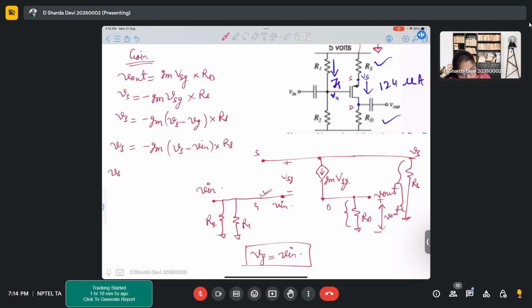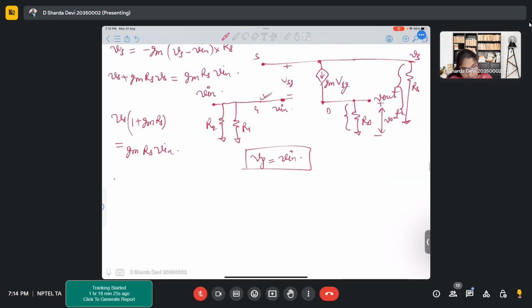So Vs plus gm Rs Vs equal to gm Rs Vn. So Vs (1 plus gm Rs) equal to gm Rs Vn. So Vs equal to gm Rs Vn upon 1 plus gm Rs.